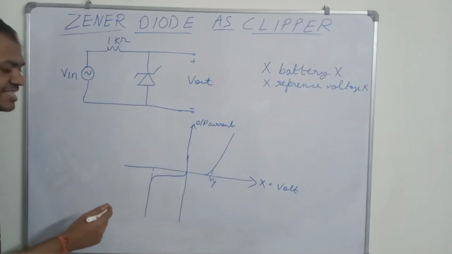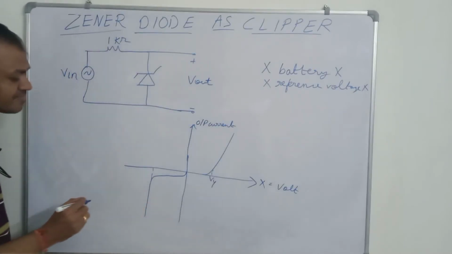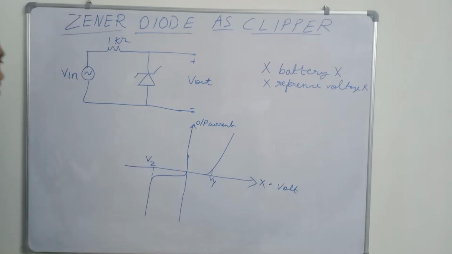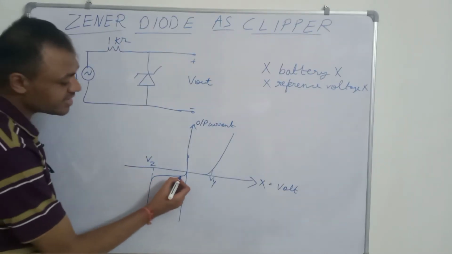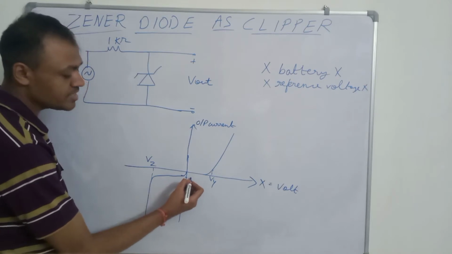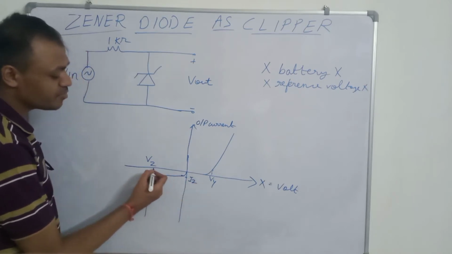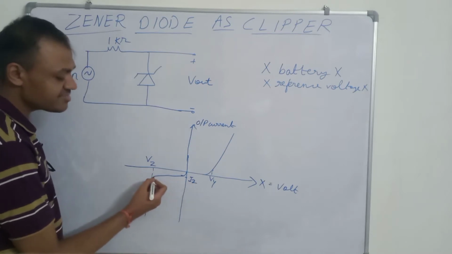Now its reverse bias characteristics are very important. Up to a reverse bias breakdown voltage, say Vz, the reverse current is very low, say Iz. Up to Vz the value of reverse current is very low.